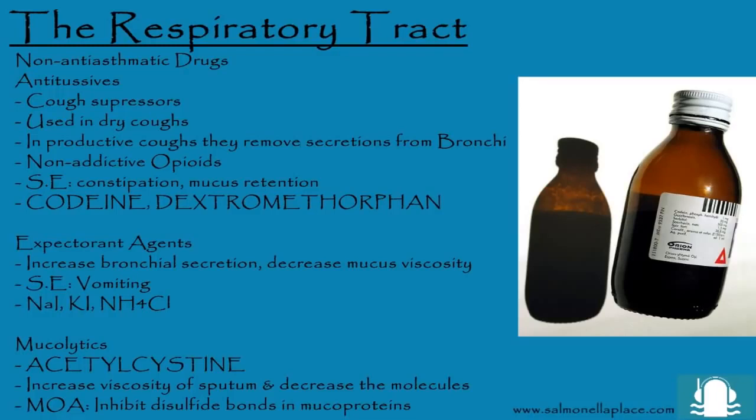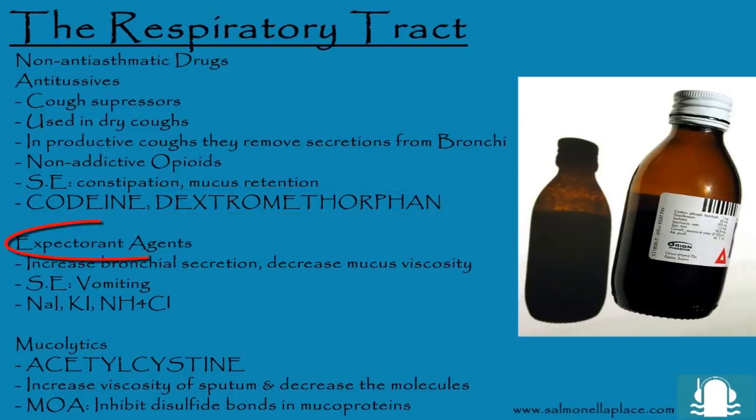They are usually opioids, the non-addictive ones, for example, codeine, which is a natural opium derivative. However, it does have side effects including constipation and mucus retention. That's why we give dextromethorphan, which has fewer side effects.